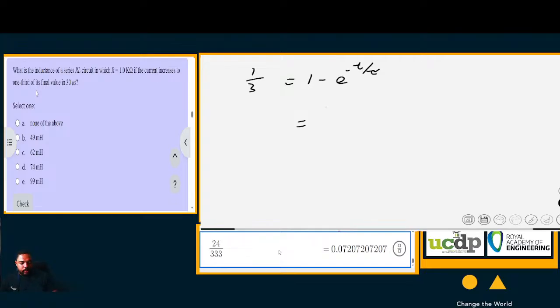So it is 1 minus a third should therefore be equal to negative e to the negative t over the time constant. Both of them are going to be negative, so you can get rid of the negative on both sides. So it will be 1 minus a third.